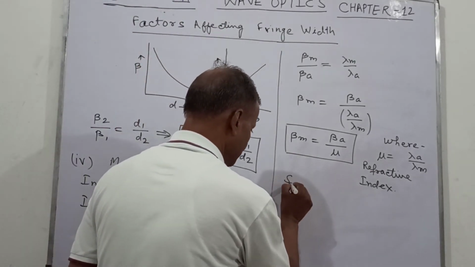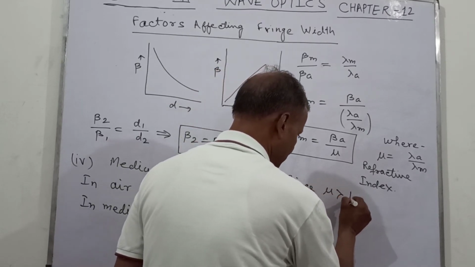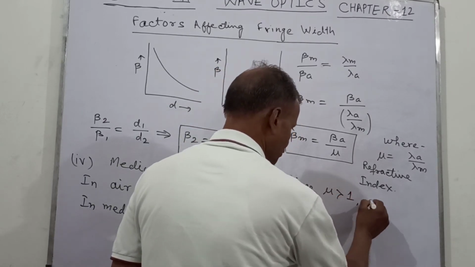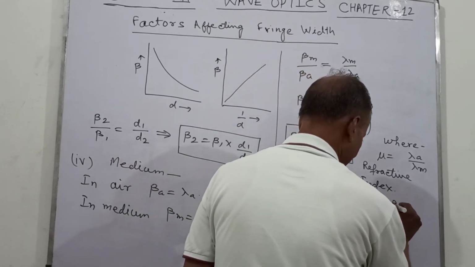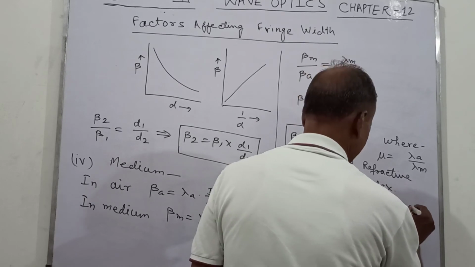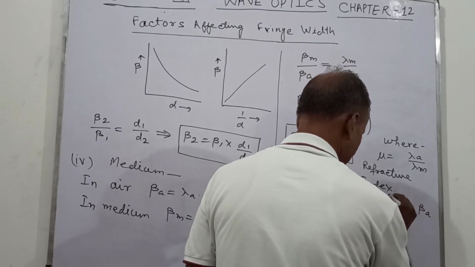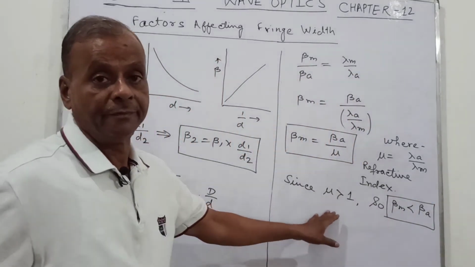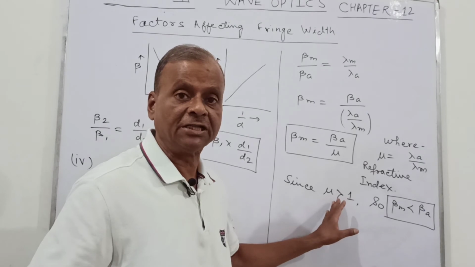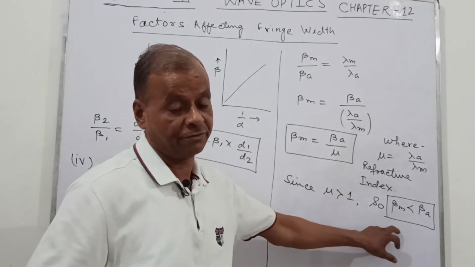Since mu is greater than 1, this beta m is less than beta A. It means that when the experiment is immersed in the liquid, then the fringe width will decrease.